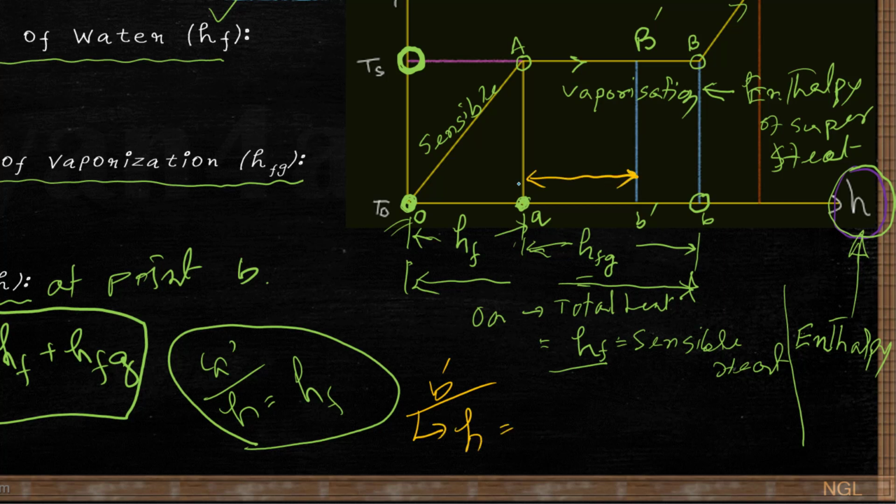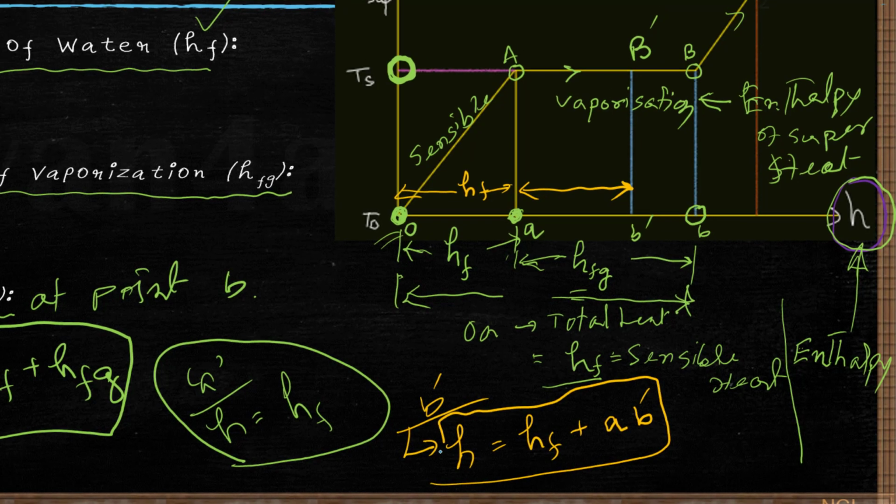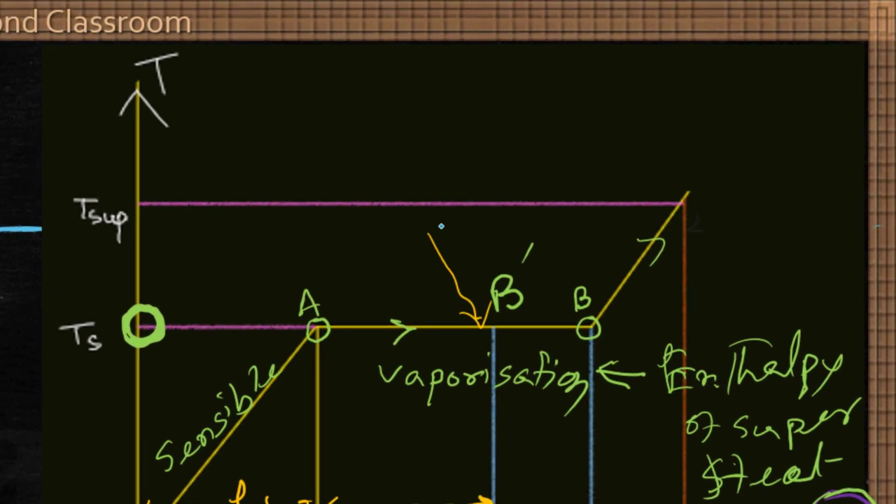This plus this. So HF plus AB dash. What does AB dash represent? Wet. Good. So this is wet steam. This is dry steam.